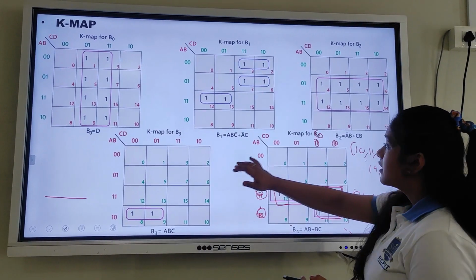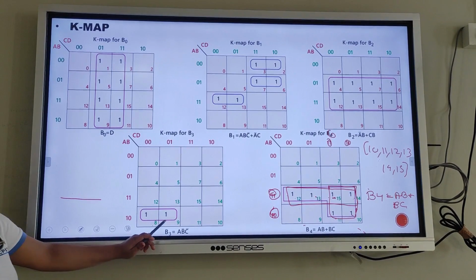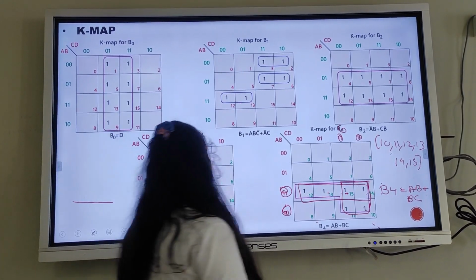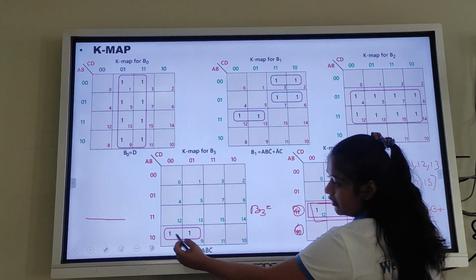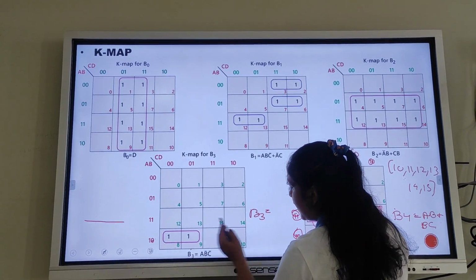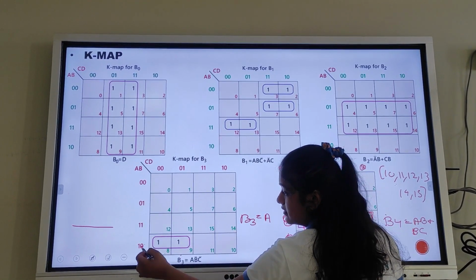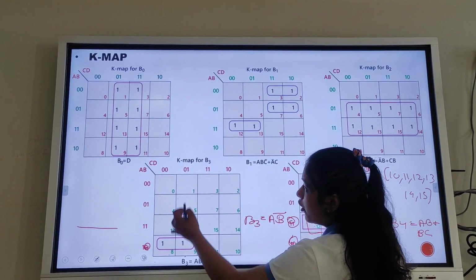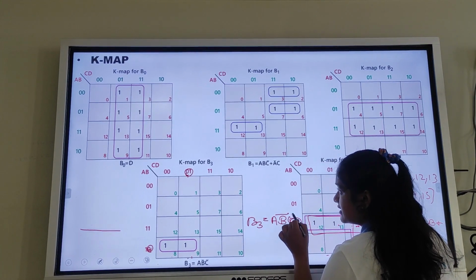Here we have the K-map for B3. As we know, we have output for 8 and 9. So for A we have 1, and for B it is 0, so we have taken B bar, and for C also it is 0, so we have taken C bar.